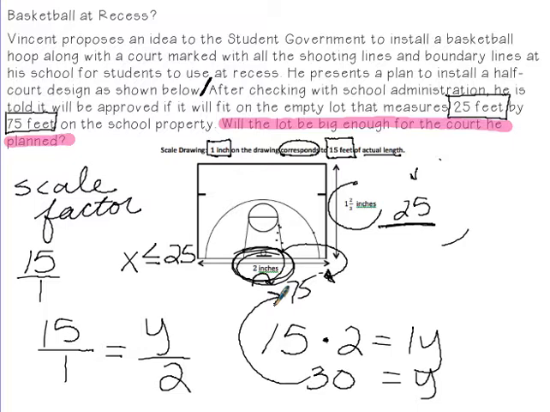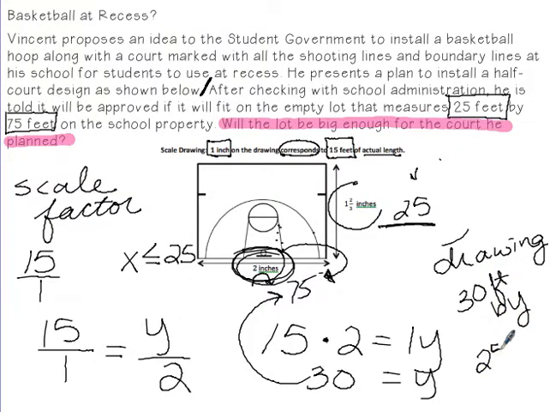Again, it doesn't have to be equal to 30. It just has to be smaller than or equal to 75. So right now, we found out that his drawing equates to his court being 30 feet by 25 feet, which will fit into what the administration said.